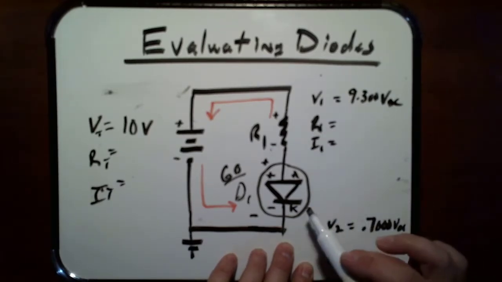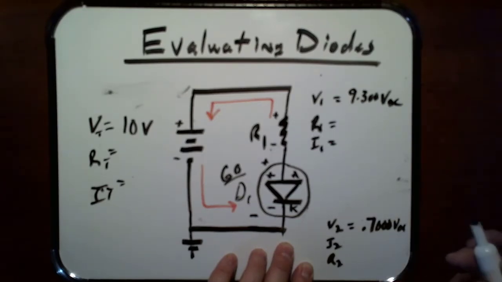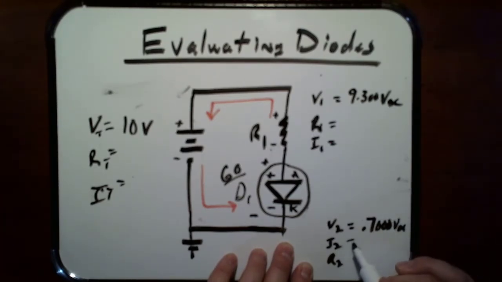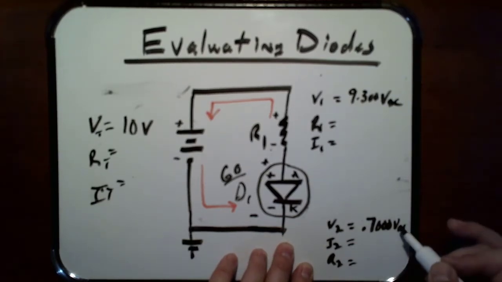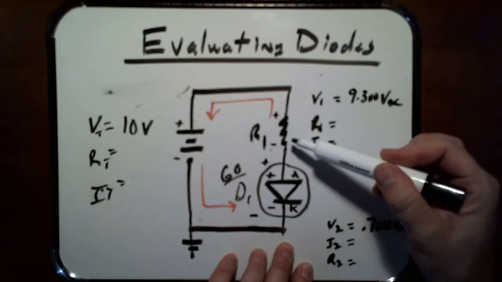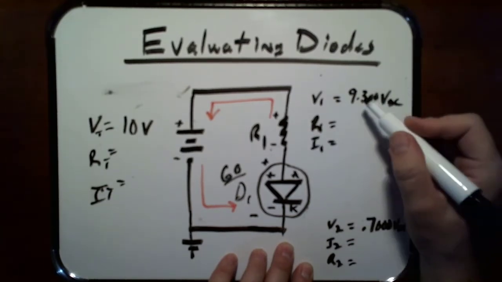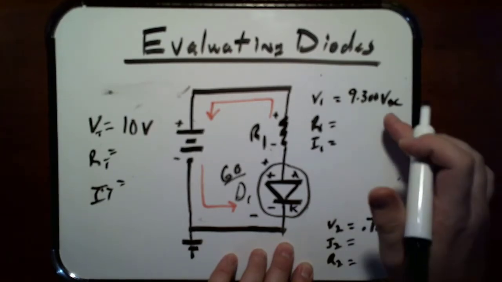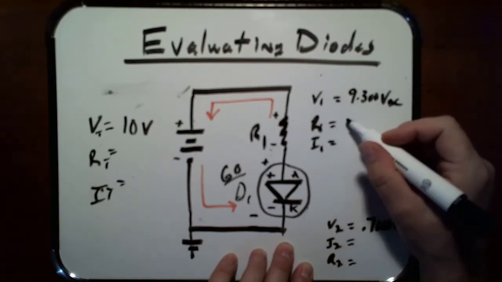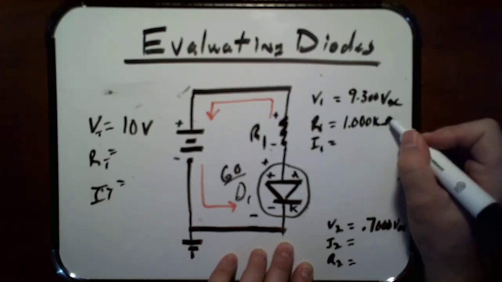We're saying it's silicon. If it was 0.3, it would be what? Germanium, right? So I know the voltage here. My diode took the voltage first, but it needs a current limiting resistor to tell it what to do. So the rest of the voltage goes here, and I'm just going to say my given is 1 kiloohm.